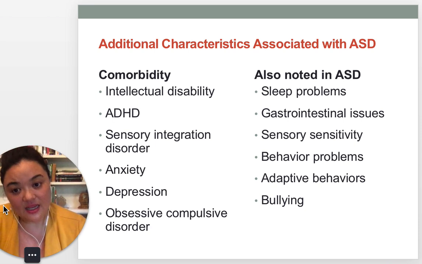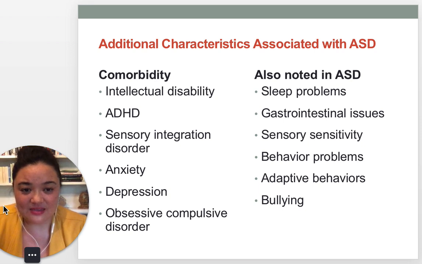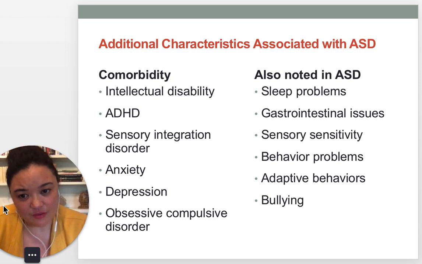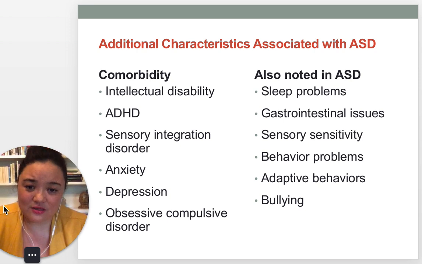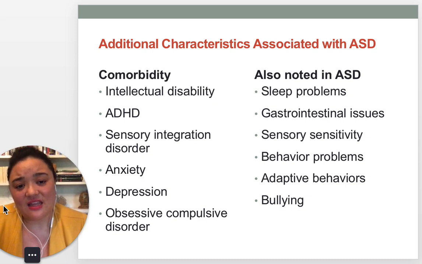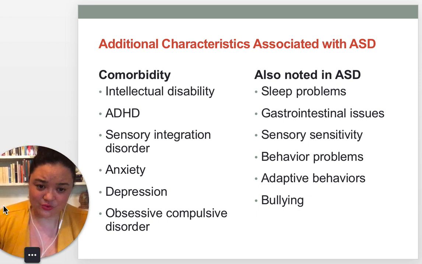Also common in some individuals with autism are physical health impairments related to sleep issues, GI issues, so gastrointestinal issues, sensory sensitivities, behavior problems that are often related to having communication difficulties, and having limited adaptive skills, being able to take care of oneself. And we're also seeing a big body of research pointing to the fact that individuals with autism are also the victims of bullying in schools and communities.